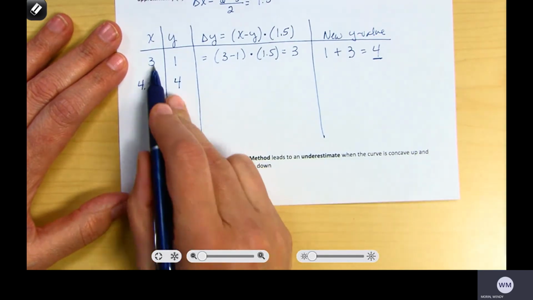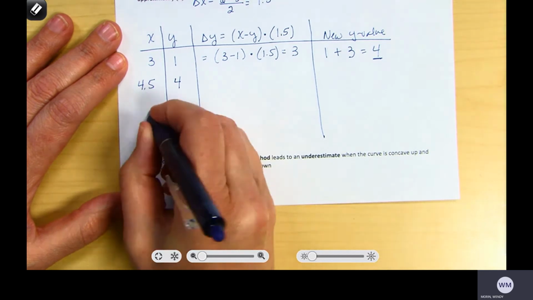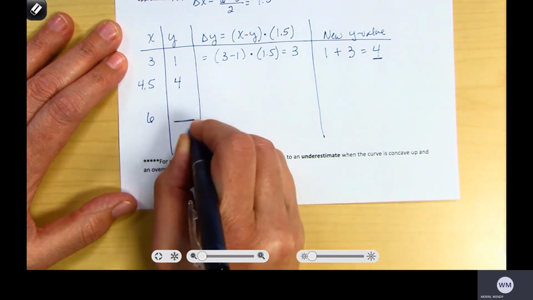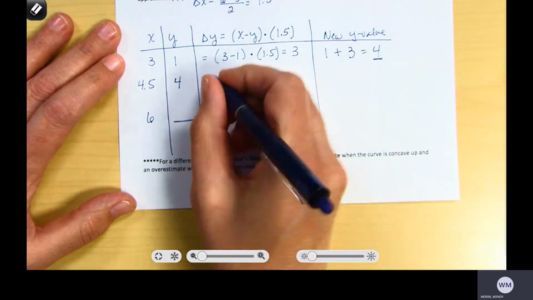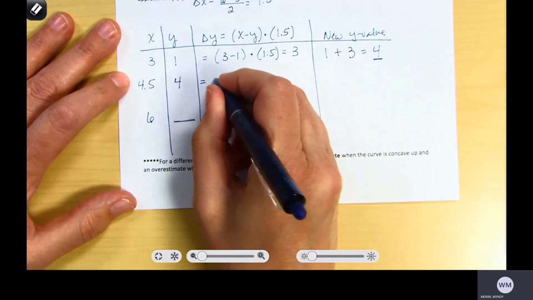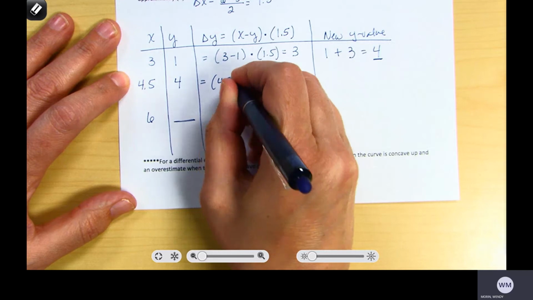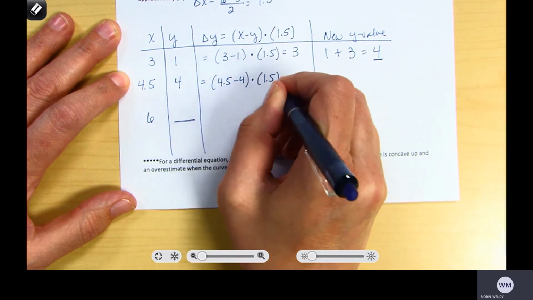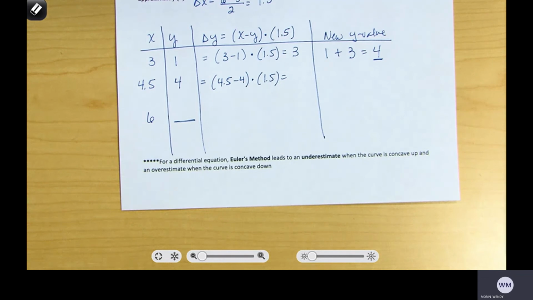Okay, well, let's go one more step. If we go one more step, we're going to be at 6. This is the y value we're trying to approximate. So let's calculate our change in y. 4.5 minus 4 times our step size. And what's that going to be?